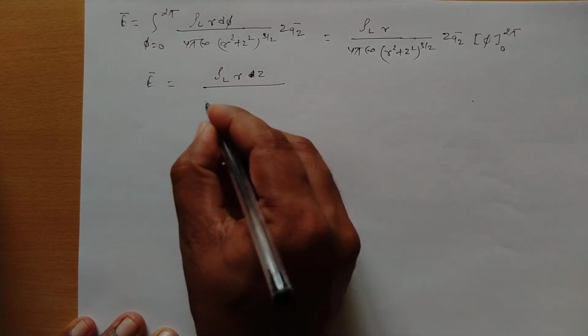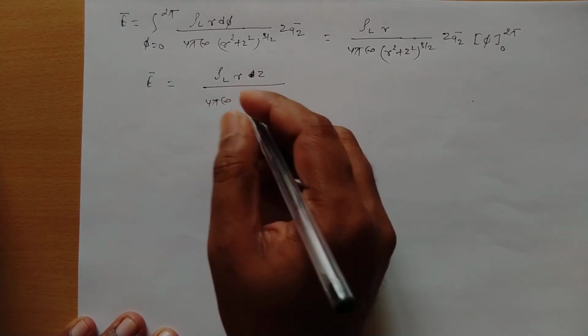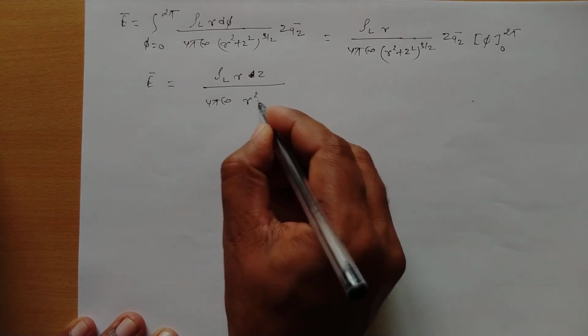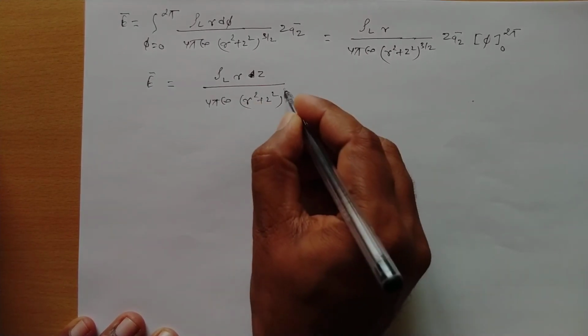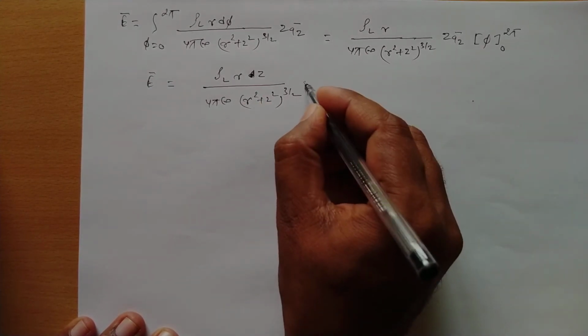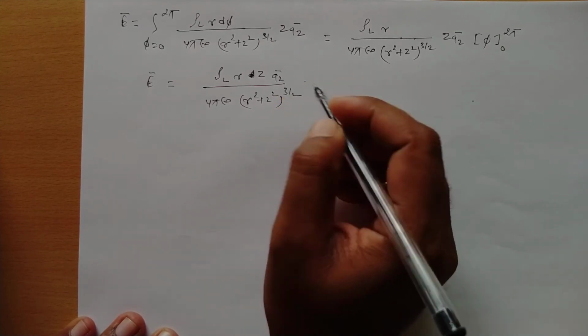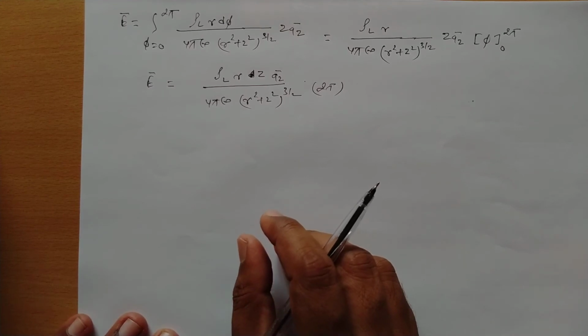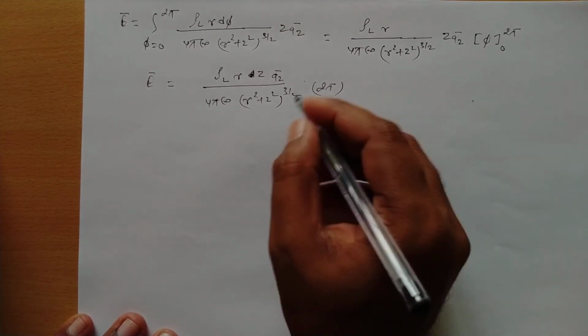Okay, and what does this become? This becomes 4 pi epsilon naught (R square plus Z square) to the power 3 by 2. Here also I can take this aZ, so what does this become? This becomes 2 pi, and finally we will solve this one.